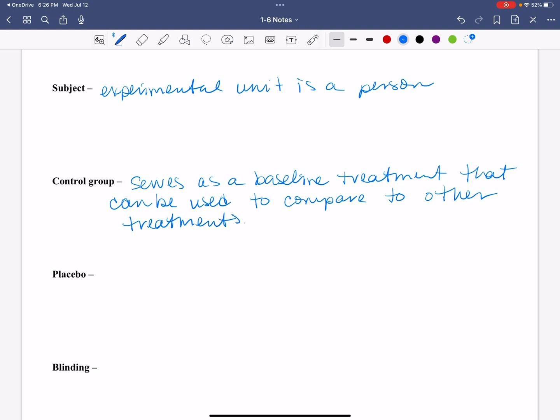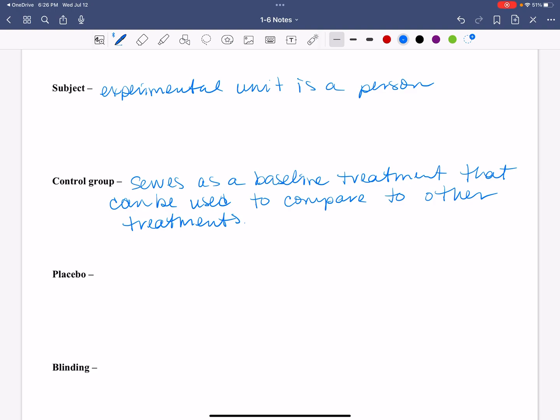So the control group is like the basics, right? I'm not doing anything to this one. This is the control group. It's exactly how it is. We're starting off here without messing with it so that we can see how, whenever we do treatments to other groups, they're affected, because we're not doing anything to this one. That's what makes it a control group.